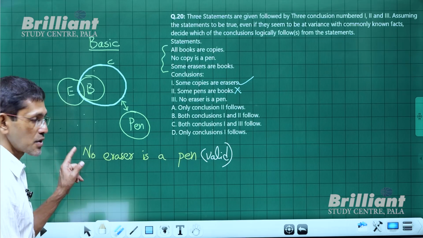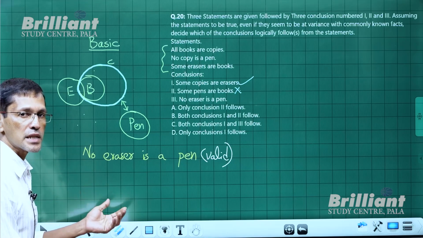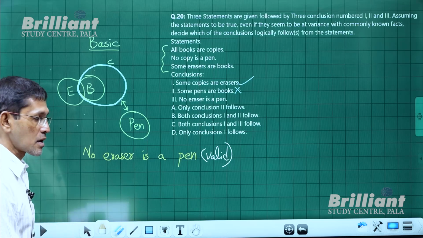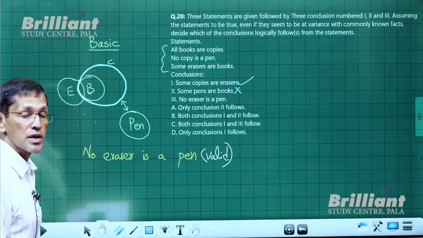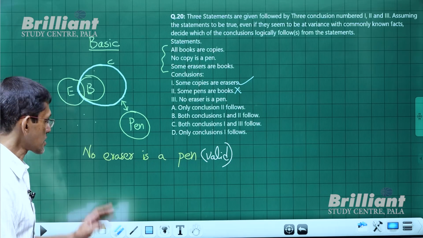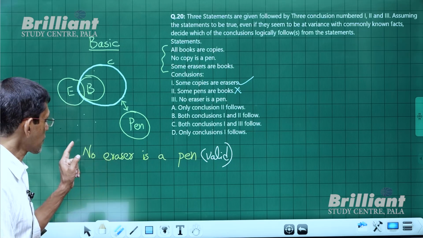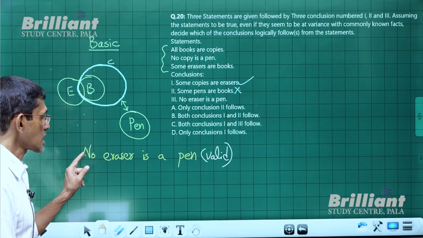So this is a no type. When a no type is negated, that becomes what? Some. This is a standard format. When you negate a no, it always becomes some. It's called logical negation. It is not exactly the literary negation we use in the English language. This is slightly different. The logical negation of a no statement or no conclusion is some.